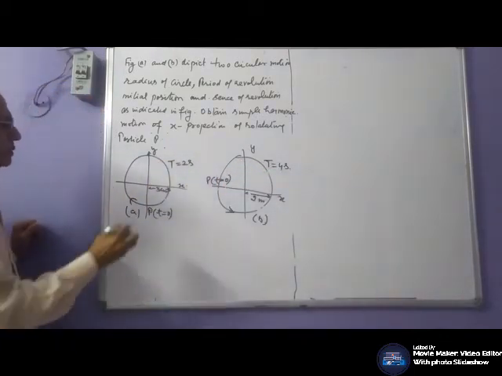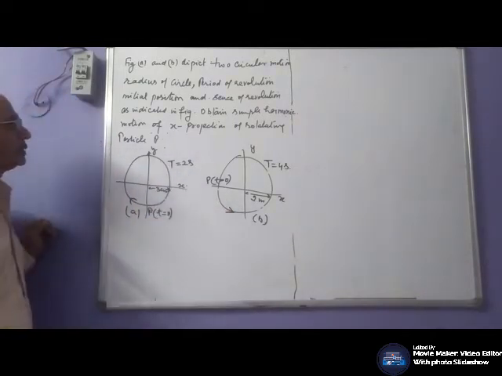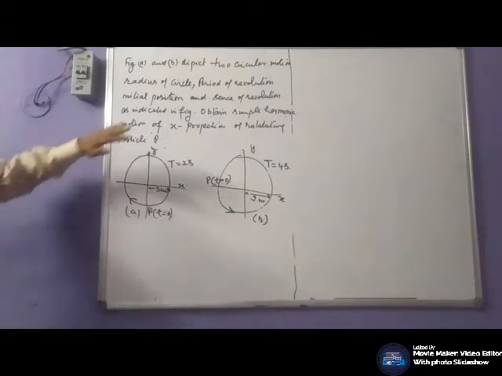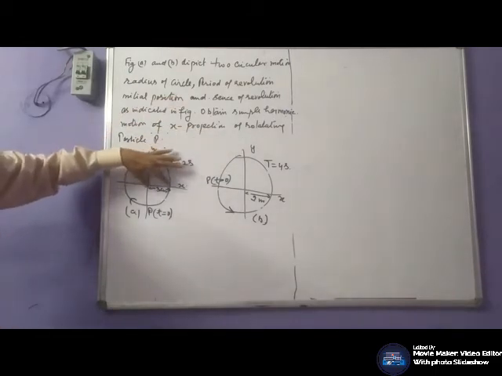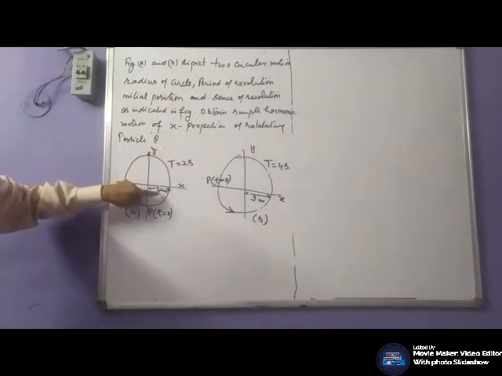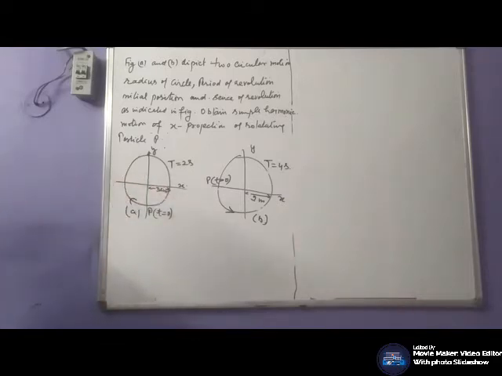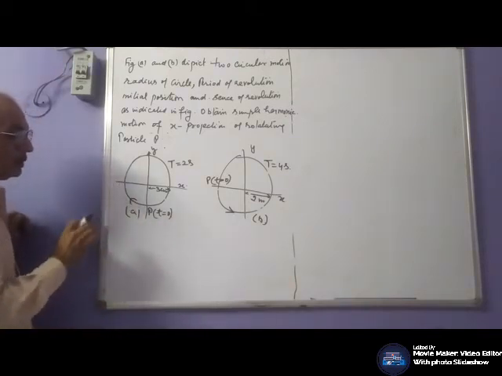Sense of revolution, this is clockwise and this is anti-clockwise. Obtain simple harmonic motion of x projection. If it is not written even, this x distance is given in figure. ये मार्क रखा है कि we should take x projection of rotating particle P.